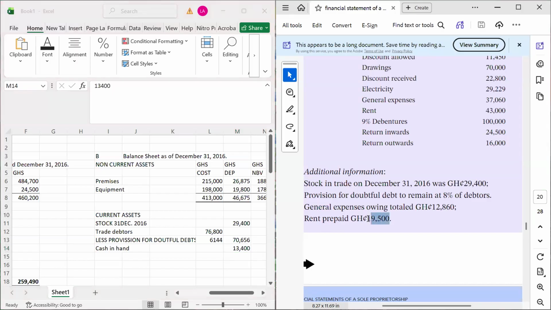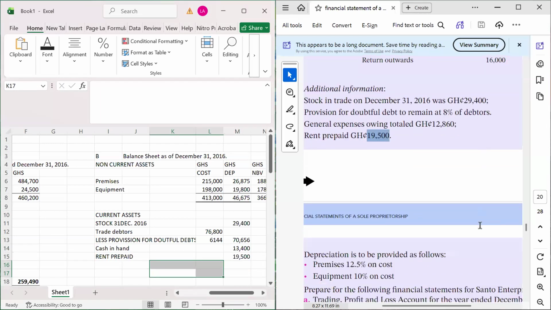So it's also our current asset, this prepayment, rent prepayment. In case we decide to collect the money, we won't go into the building again. It's our current asset. Is that okay? So rent prepaid is there.